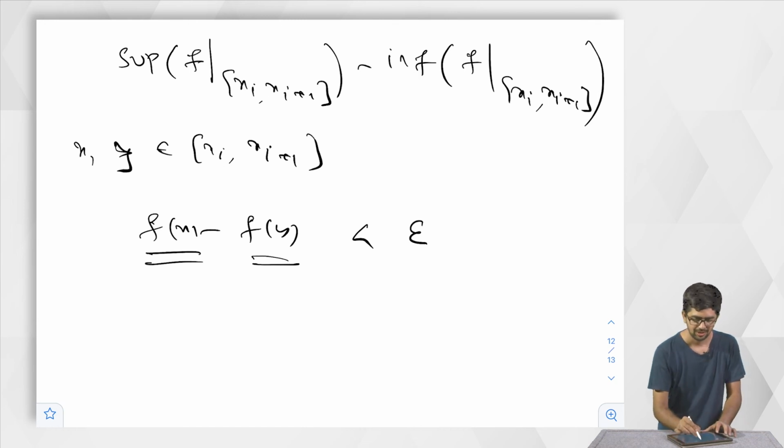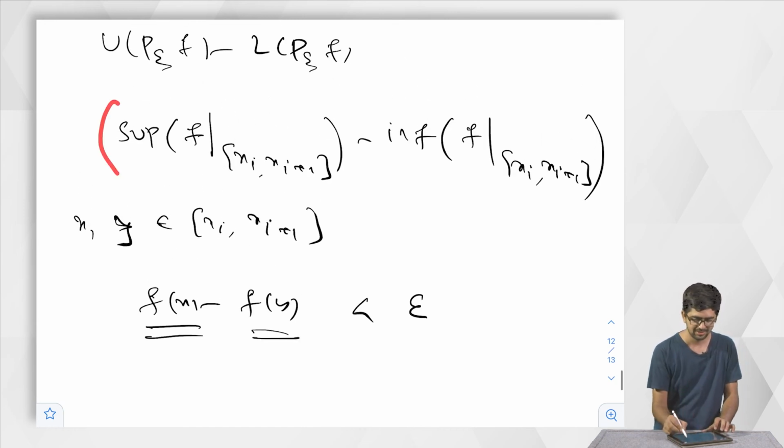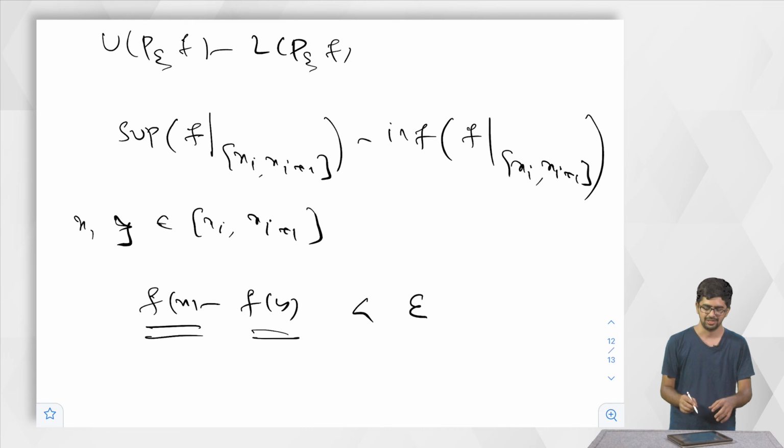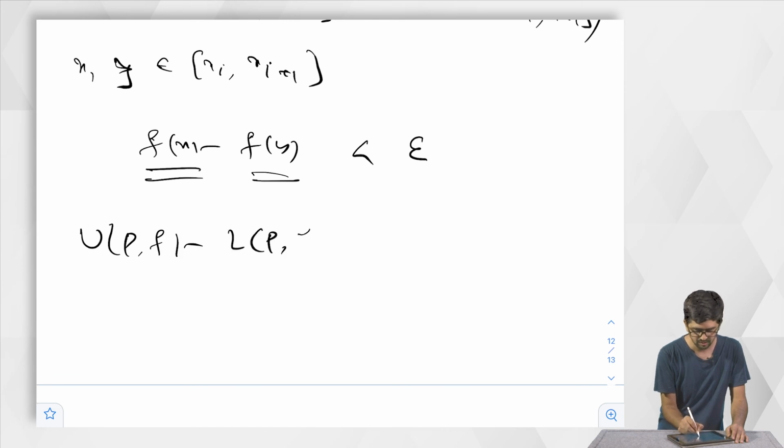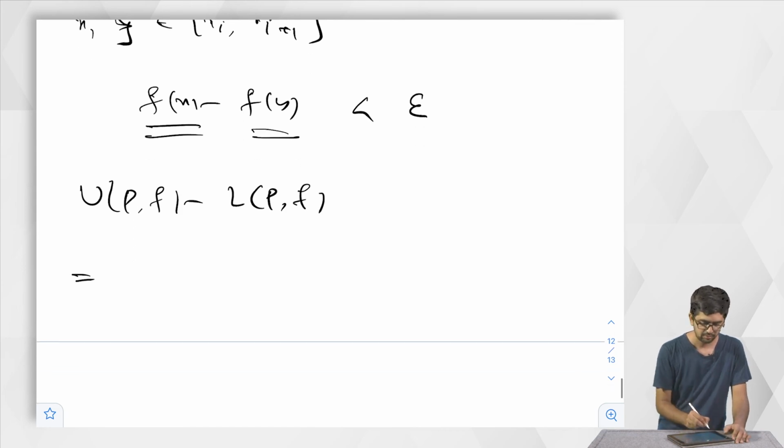Now what? All I need to do is multiply this by xi plus 1 minus xi, and so now what is this UP epsilon f minus LP epsilon f? That is equal to this difference times the length of the interval.